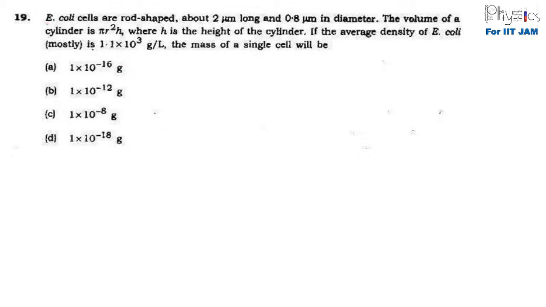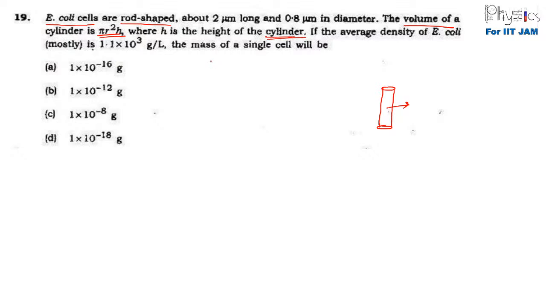Here you say that E. coli cells are rod shaped, right? What is the shape of rod? It's a rod, right? Now, a rod has the shape of a cylinder, right? And given is the volume of a cylinder is pi r square h, right?